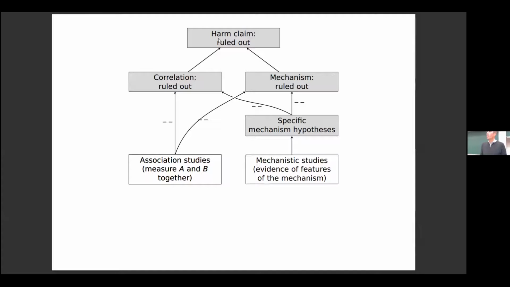We've got excellent both association studies and mechanistic studies that help to rule it out. The association studies on their own don't rule out the harm claim, nor do the mechanistic studies on their own. But when you consider them together, I think the harm claim is conclusively ruled out.